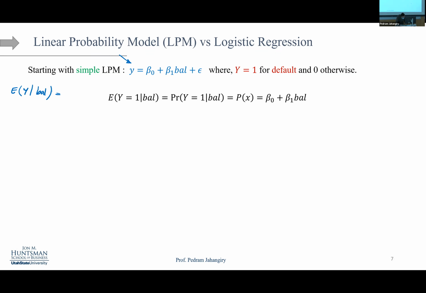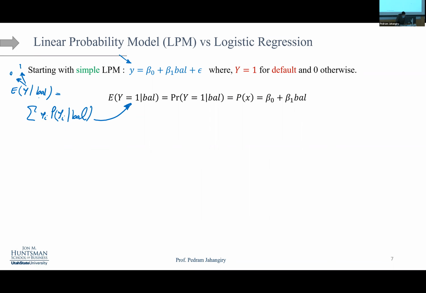And we know that y is a binary variable, 0, 1. So if I want to open it up, it's going to be equal to the summation of yi times the conditional probabilities, yi given balance. Because yi can take two values, 0, 1, if it is 0, 0 is going to cancel out the probability. So we're going to end up with the 1 part, right?